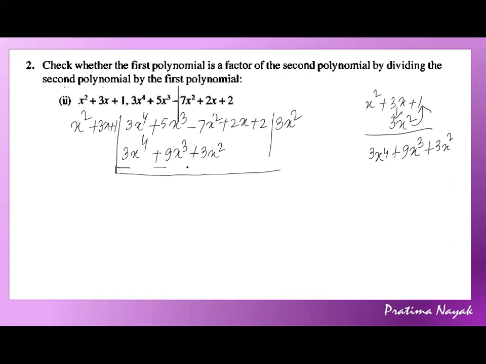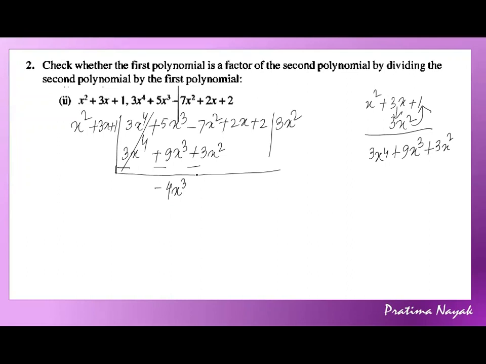Negative, negative, negative. Cancel. This will be minus 4x cube. This will be minus 3x square.